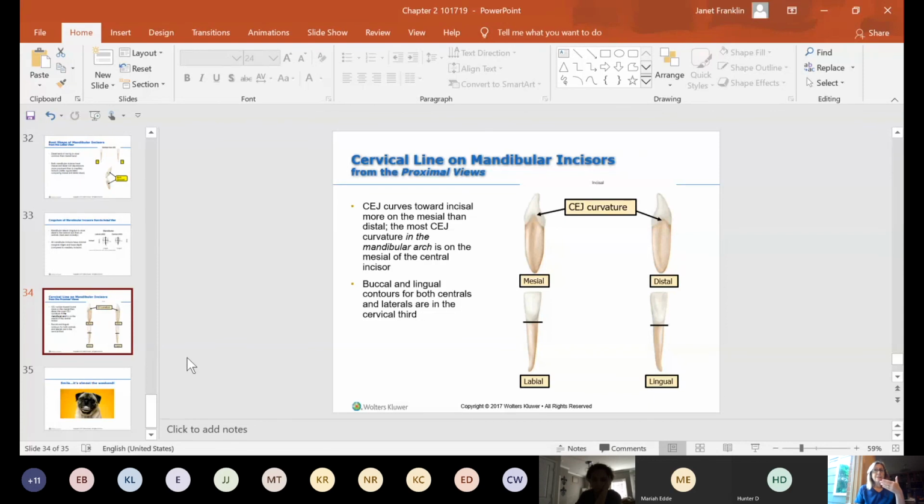So in other words, it's widest along the gum line, and it tapers narrower to the incisal edge, which makes sense because you want your incisal edge to be sharp for biting. So on both the maxillary and the mandibular, it's wider up at the cervical, and it gets narrower when you go down to the incisal edge.